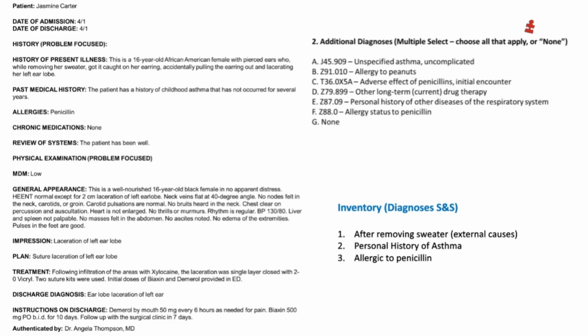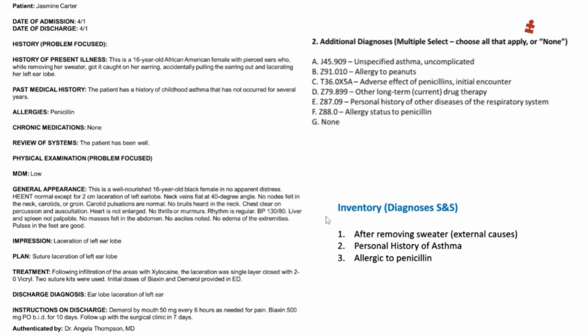Think about this. Anything that deals with your respiratory system, your lungs, they're a vital part of you. Anything that deals with your heart, your lungs, those need to be specified. Any allergies should be specified. So that brings me to F, allergy status to penicillin.